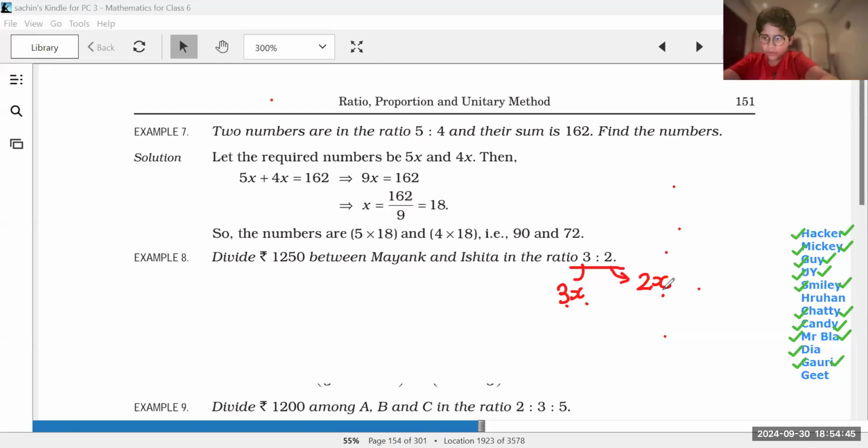So should I send it to you or Miss? Of course to ma'am. Okay. Diya, oh Diya. Sir, you have taught us unitary method. Yes बेटा, but इस बार थोड़ा सा level up हो जाएगा आपके लिए. All right, Ruhan Arora.